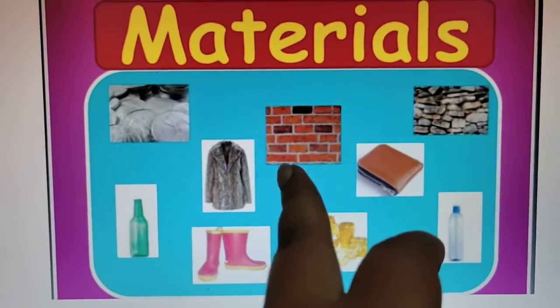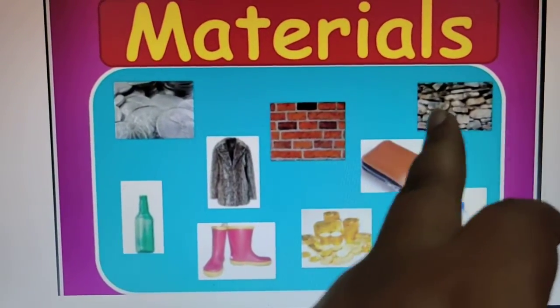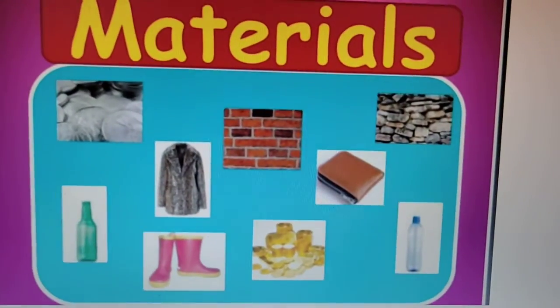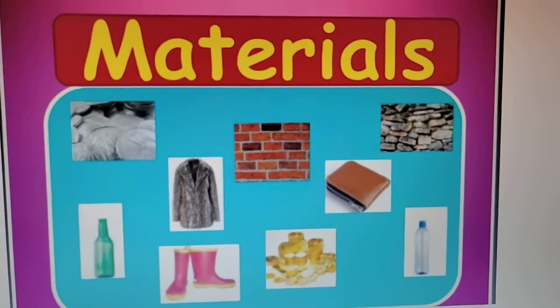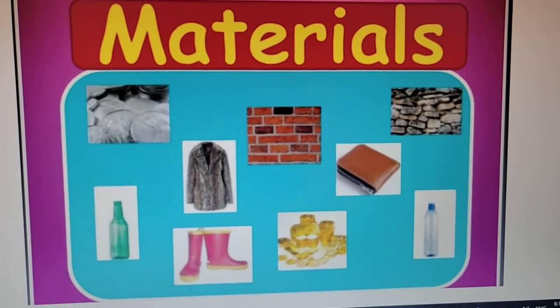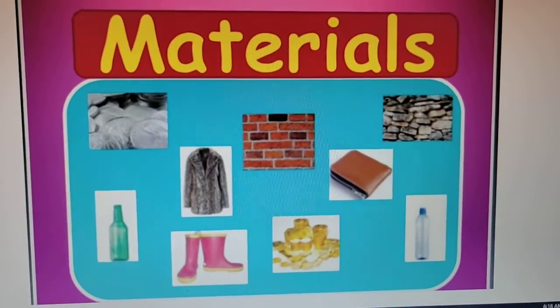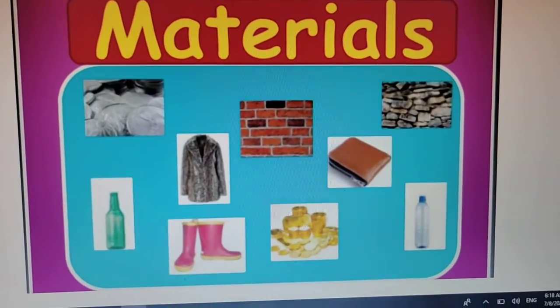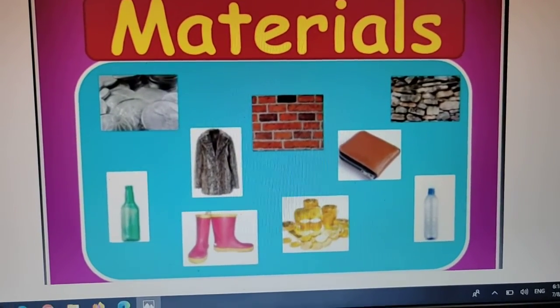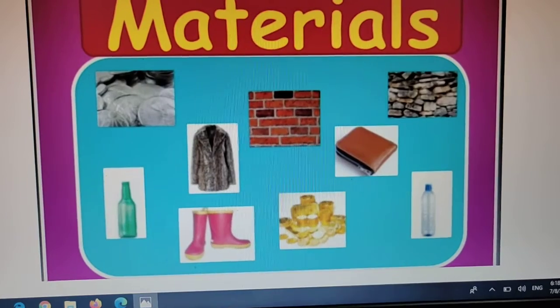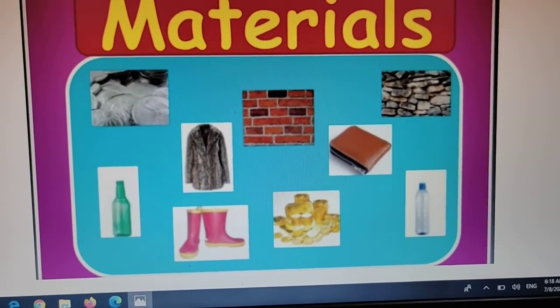This wall is made up of bricks, but this wall is made up of stones. So in this way we have different ways of telling the properties of the materials, and on the basis of this we classify materials into different groups.